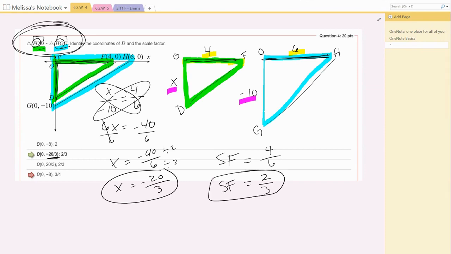And you can take this scale factor and multiply it by any side to get another side in a triangle. So say, for example, you use the scale factor 2/3 and you multiplied it by -10, you could find what x is. And I'll just show you that. -10 times 2/3.